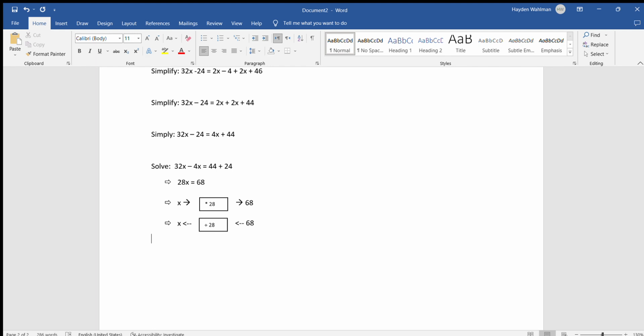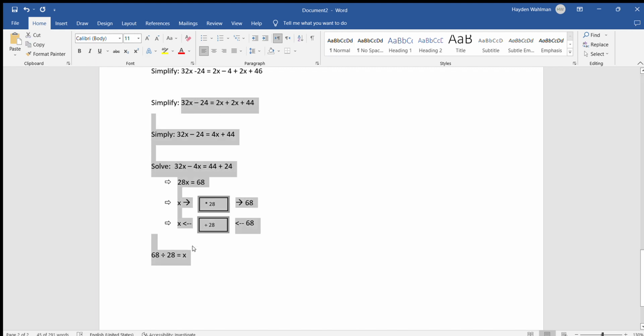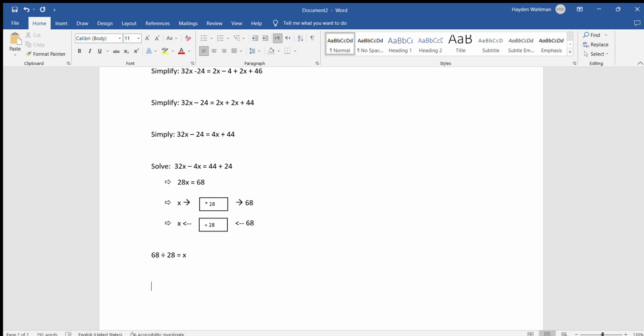All right, so now let's say it out loud. 68, so the final answer is 68 divided by 28 equals x, okay? That's the final answer. So x equals 68 divided by 28.